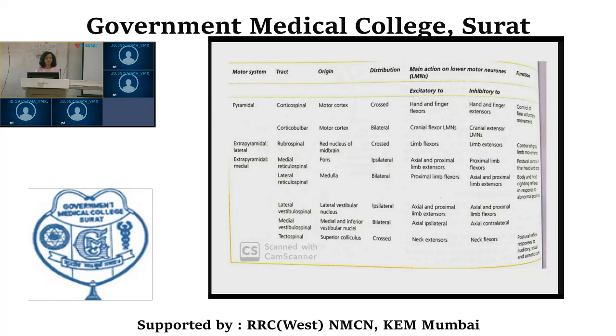Another tract of this extrapyramidal medial group is the tectospinal tract. As you know, its origin is from the superior colliculus, and immediately after arising it crosses over to the opposite side. It is excitatory to the neck extensors and inhibitory to the neck flexors.